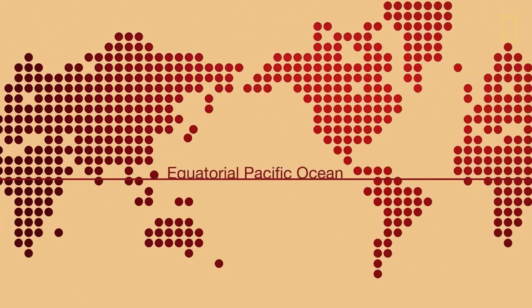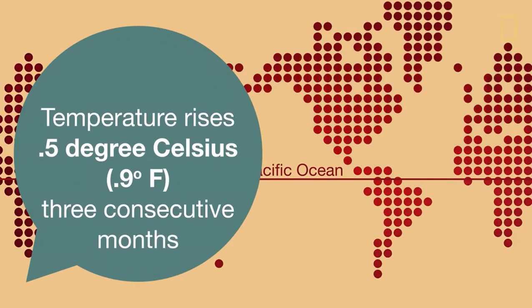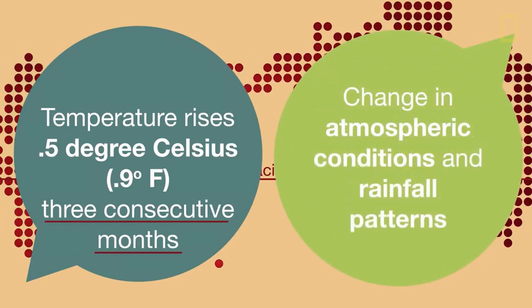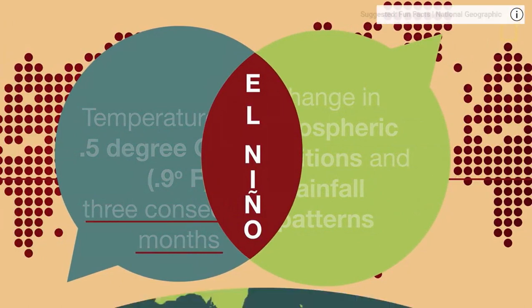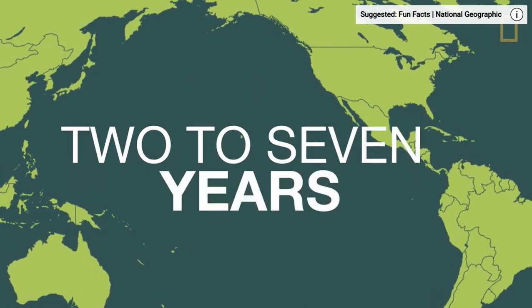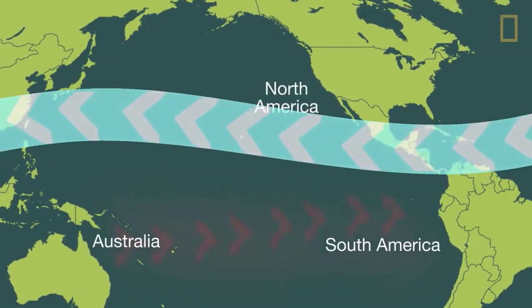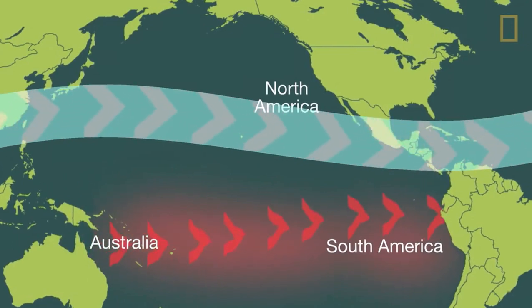Nowadays, when sea surface temperatures in the equatorial Pacific Ocean rise 0.5 degrees Celsius over their historic average for 3 consecutive months, and once atmospheric conditions and rainfall patterns shift accordingly, scientists officially declare an El Nino. An El Nino event takes place about every 2 to 7 years. Normal east to west trade winds over the Pacific weaken, and warm water that normally travels westward is now moving toward the east.